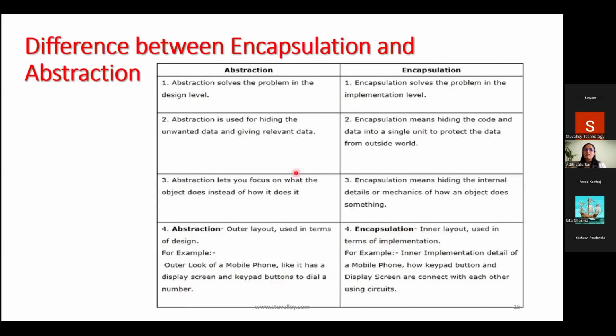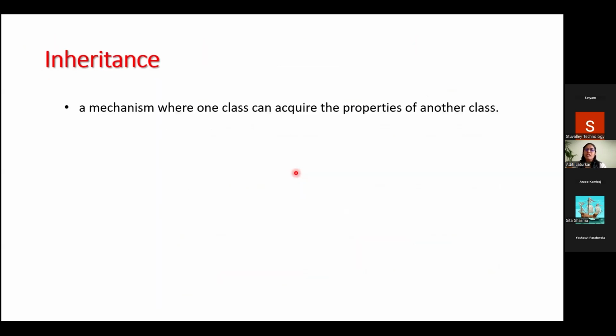So till now we have covered two pillars of OOPS. The first one is abstraction and the second one is encapsulation. Now, going forward with the third pillar of OOPS, inheritance. Generally, we inherit everything from our parents, right? Parents, grandparents, everything.